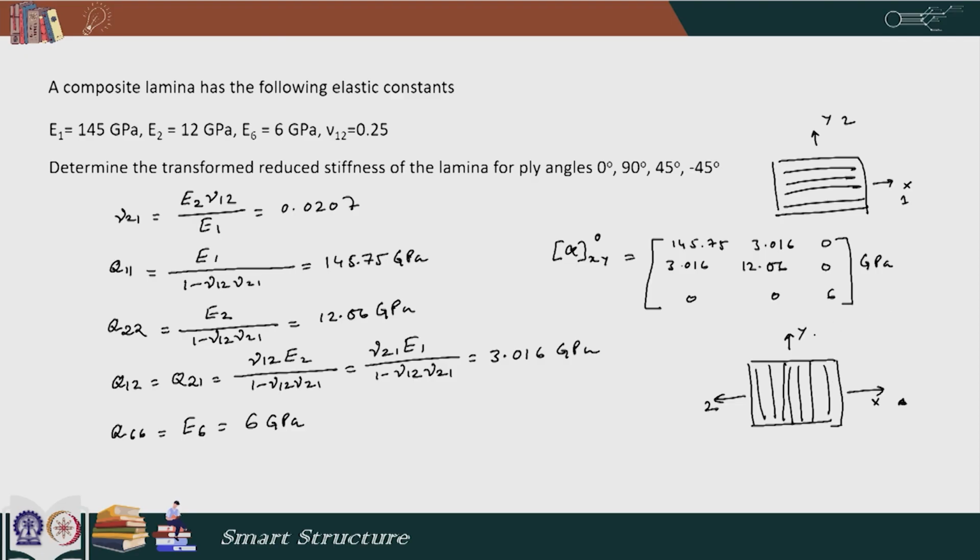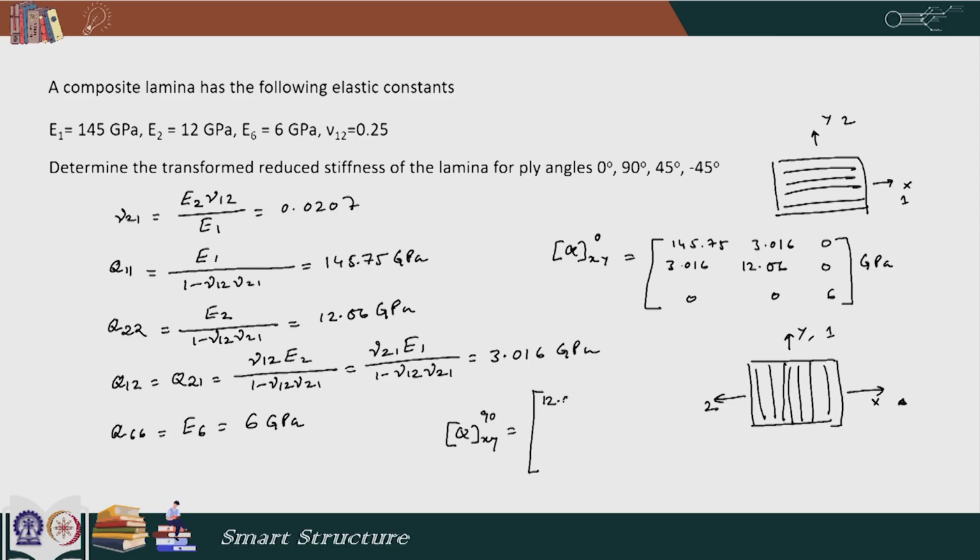So, here we can say that the properties can be found out easily from here. Now, because our fibers are oriented in the y direction here, Q11 would be just Qyy and similarly Q22 would be Qxx. So, without even having to do any transformation, we can find out the properties here.